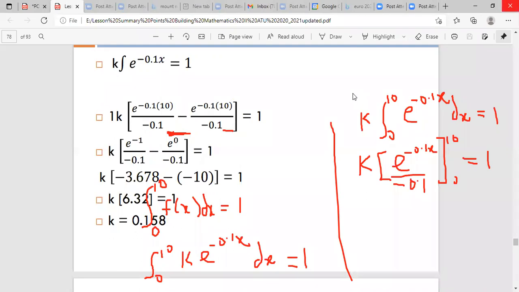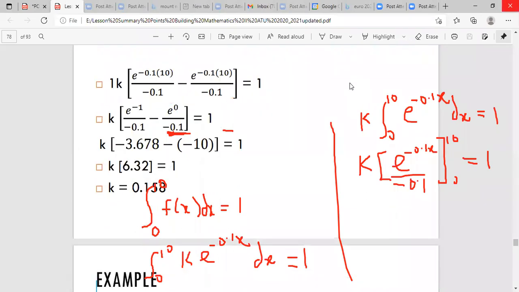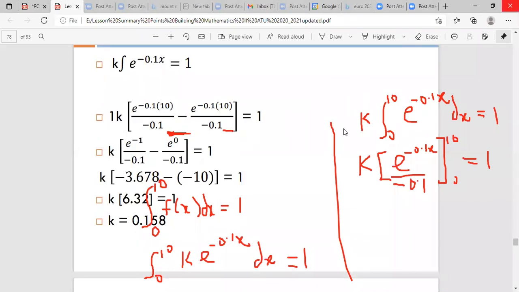So in the next slide, all we are doing at this point is substituting the limits of integration. This is k here. And then you substitute the 10 and the 0 in. So that is what we are getting as negative 0.1 times 10.